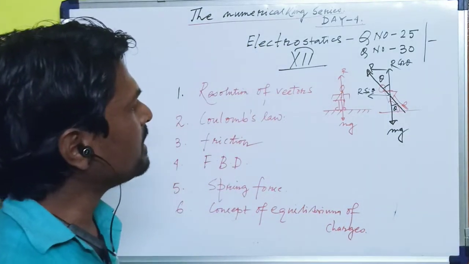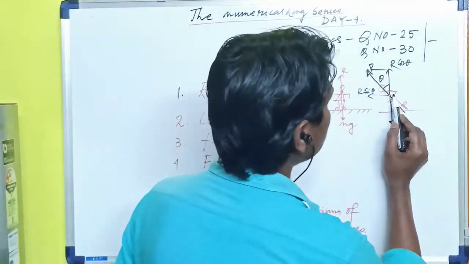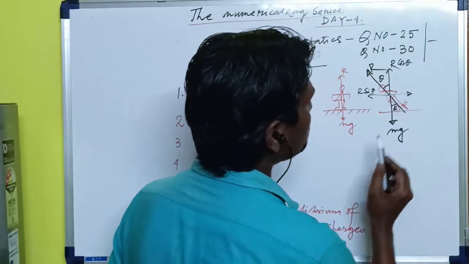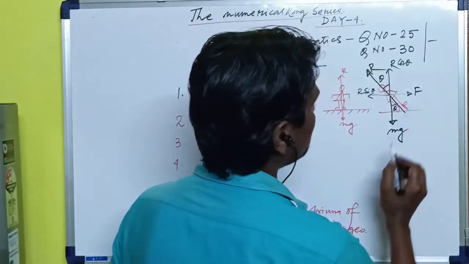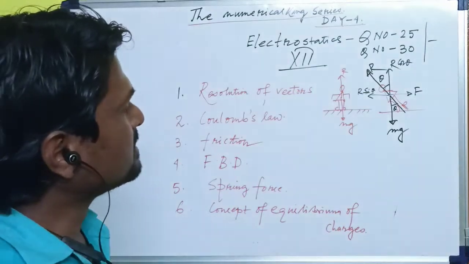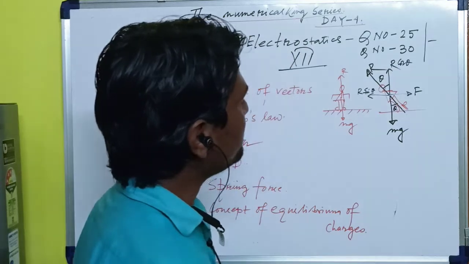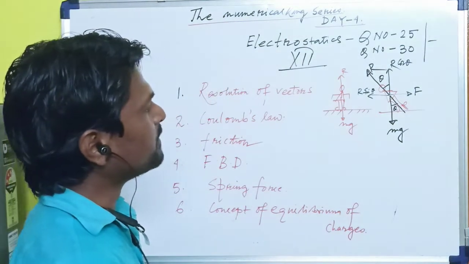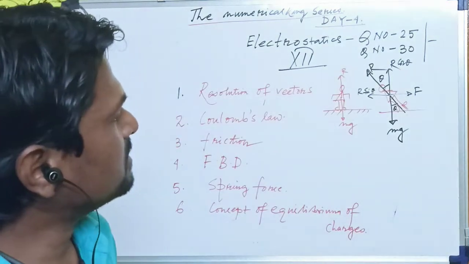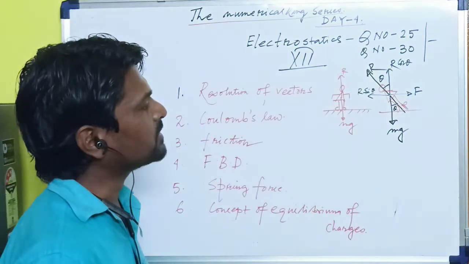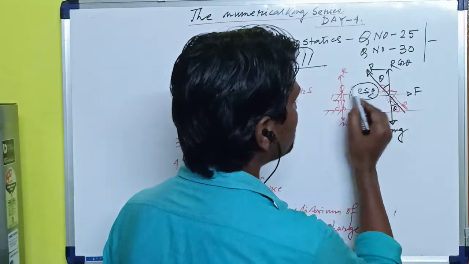Then what is the function of these components? R sin theta is trying to tilt the body in a particular direction, and a force F acts to balance these components of sin theta.